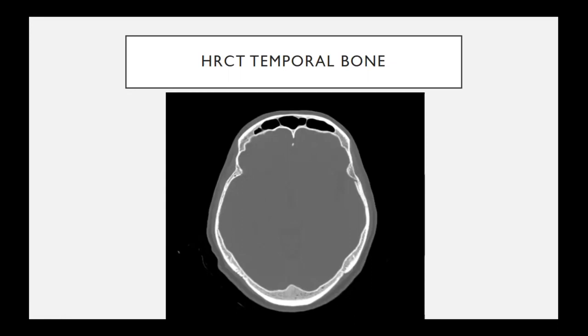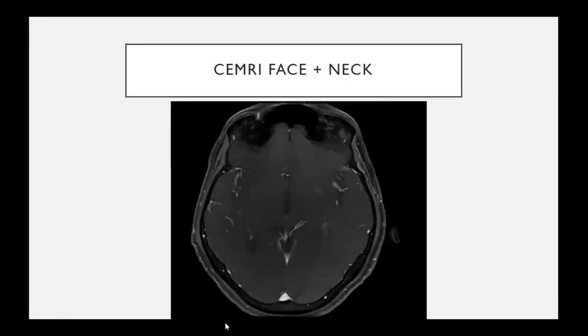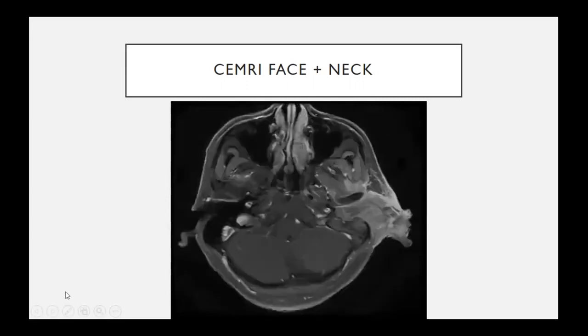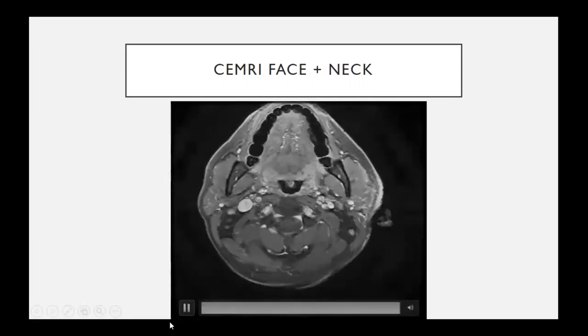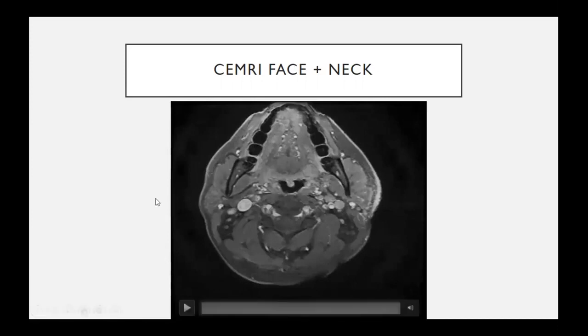Right. Okay. Go ahead. So this is an axial contrast MRI of the same patient. So what additional information did this give you? In the HRCT, the disease seemed to involve the middle ear and parotid as well.